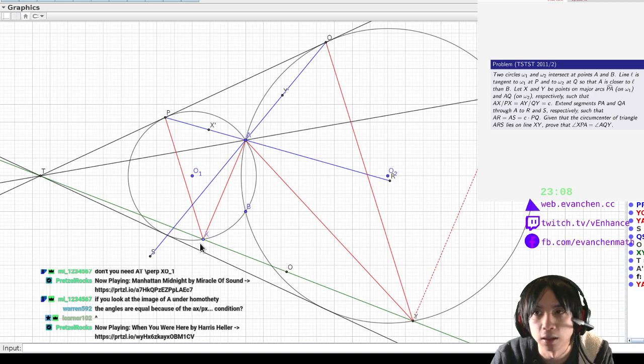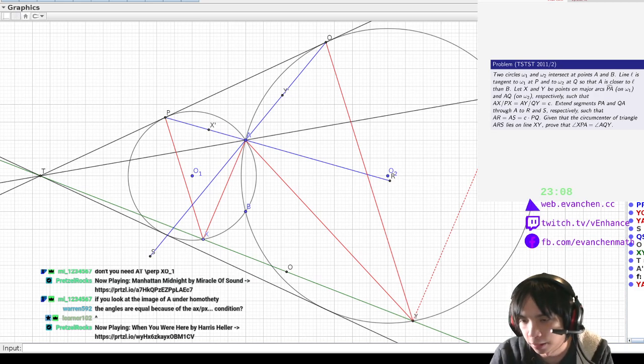So what we have is, if we claim that X maps to Y via homothety, then it's done by noticing directed angle A prime YQ is equal to AXP, but also equal to whatever it is, PX C inverse times.